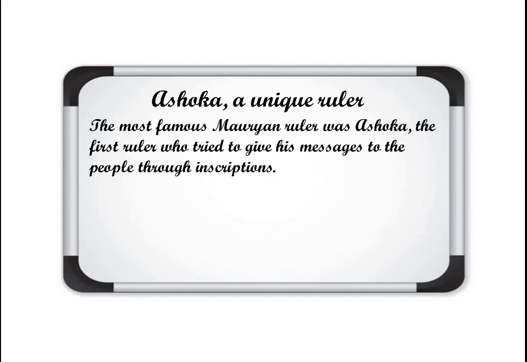As we talked, the 3 main rulers of the Mauryan empire were Chandragupta, then his son Bindusara, then Bindusara's son Ashoka. But Ashoka was the most famous among all.